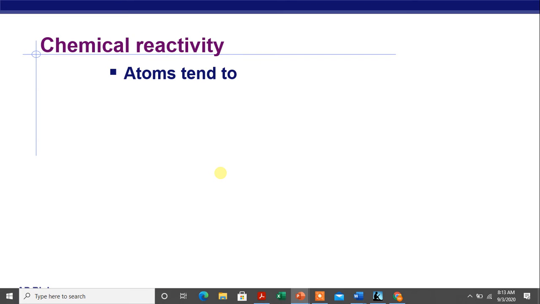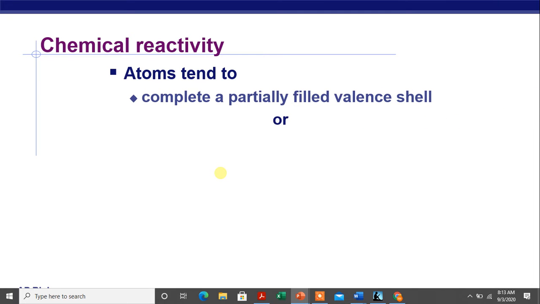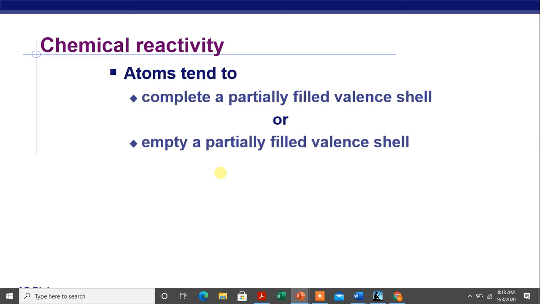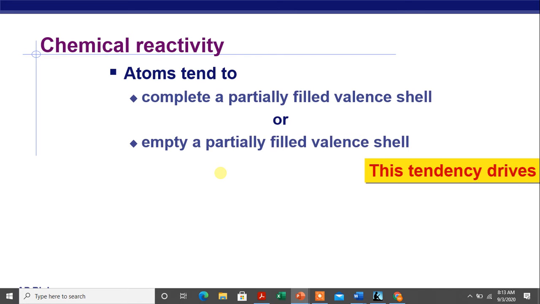So why that's so important, it leads to chemical reactivity. Atoms tend to complete or fill their valence shells or empty a partially filled shell. So they either want their outside orbit completely filled or completely empty.